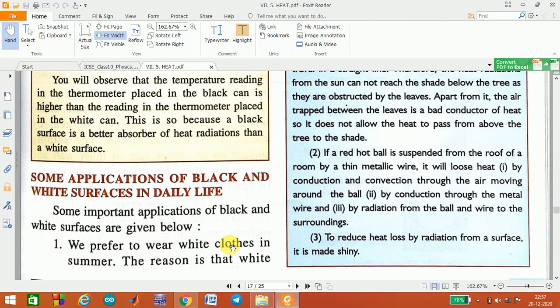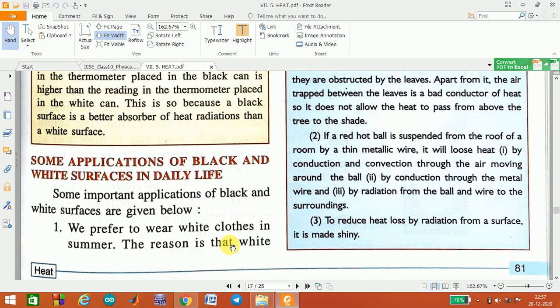So it will show three types of heat loss. To reduce heat loss by radiation from the surface, it is made shiny. So if you want to reduce heat radiation, then you have to paint it shiny.